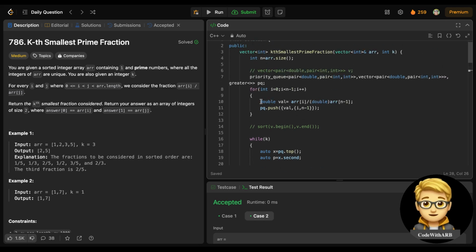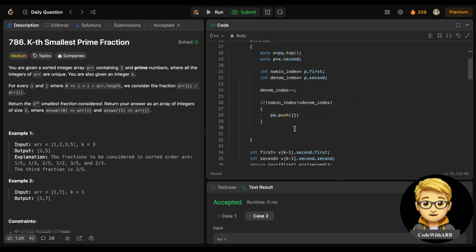So we will just do the same thing here. Just push this here. So instead of i, there will be numerator index, and instead of n minus one, there will be denominator index, and the same thing goes here, the numerator index and the denominator index.